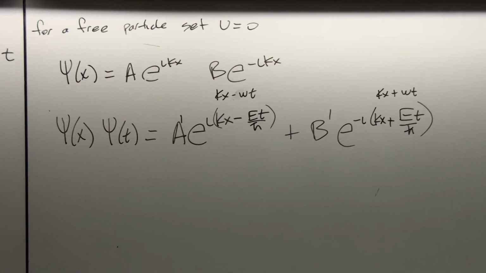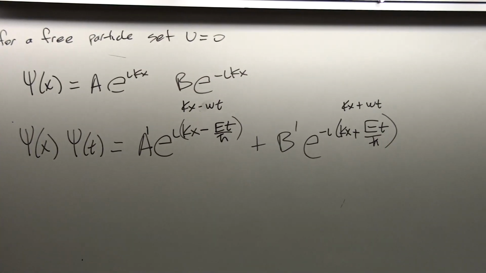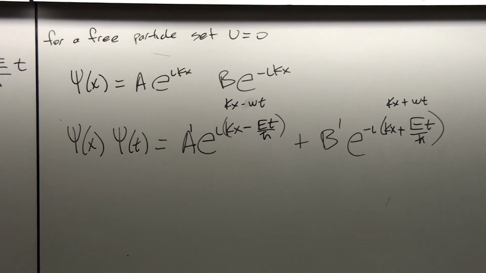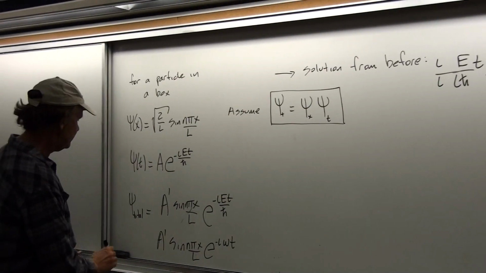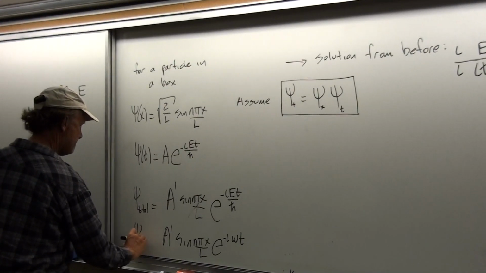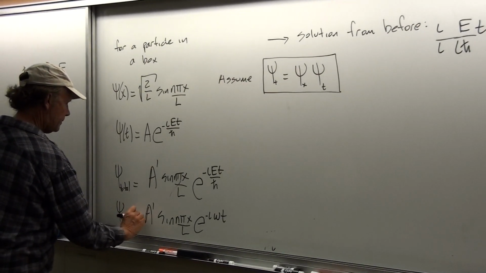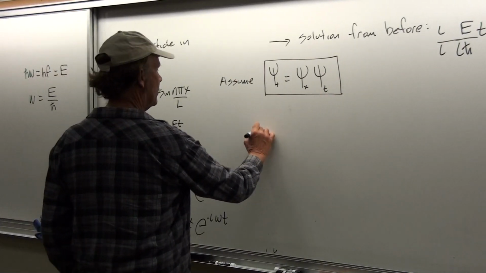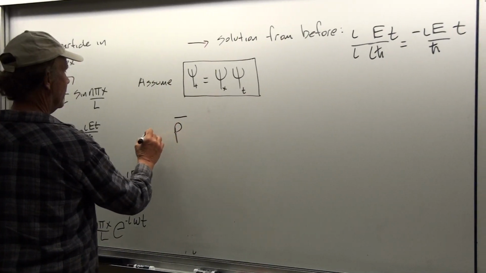Okay, so let's go back to this expression for the particle in a box, and with this being our psi total, let's find the average value for the momentum, P average, for a particle in a box.